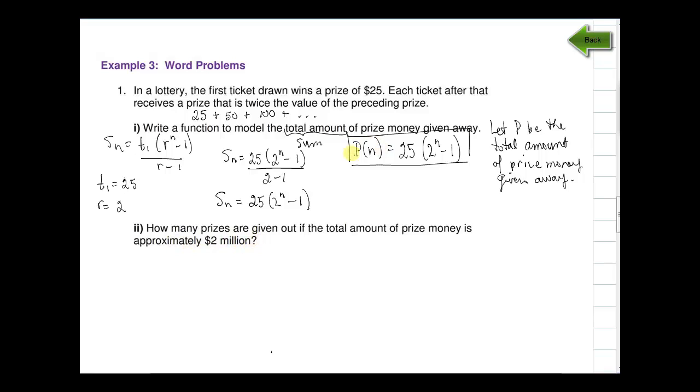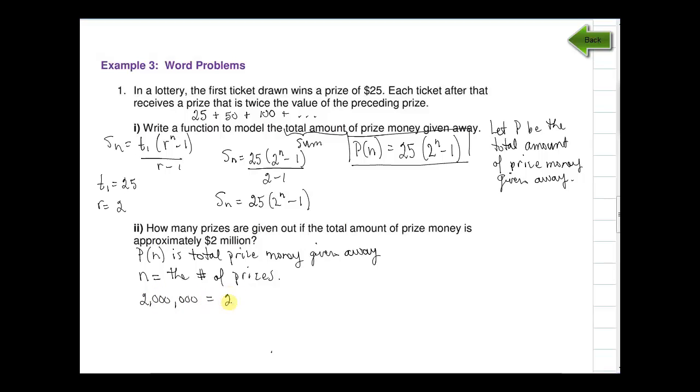Now, we know from our function that P of n is the prize money given away, and that must mean that n is the number of prizes. Okay? All right, so let's substitute in 2 million for P of n.